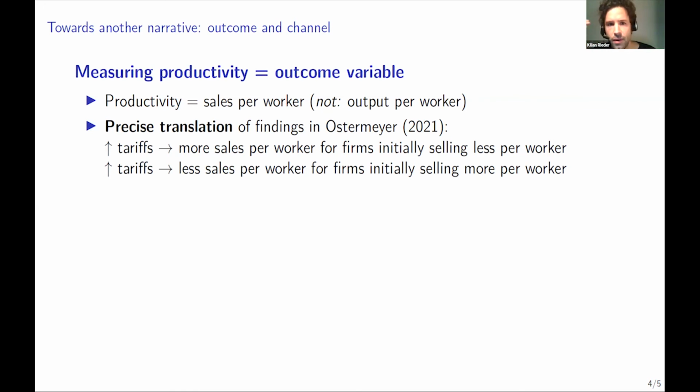So I think one important thing is how you measure productivity in your paper. That's your main outcome variable, and you measure it as sales per worker. So it's not output per worker, but sales per worker. And so the precise translation of your findings would be higher tariffs lead to more sales per worker for firms that are initially selling less per worker, whereas higher tariffs lead to less sales per worker for firms initially selling more per worker.